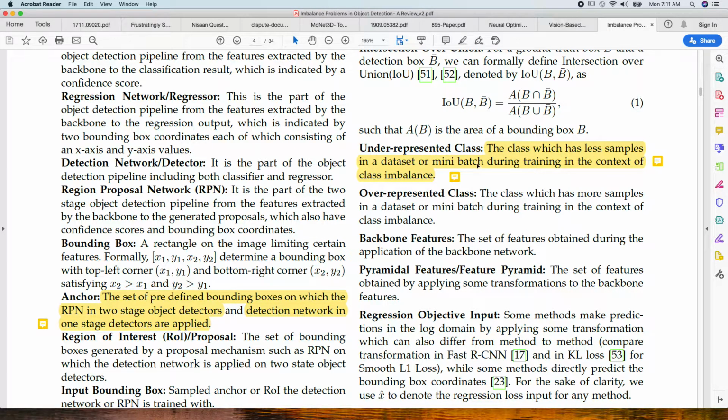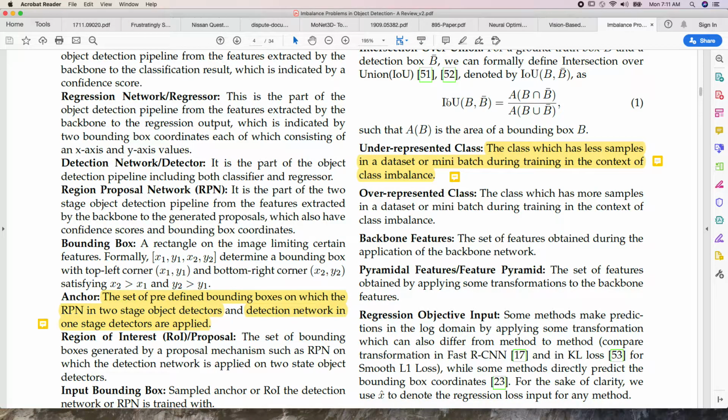But if we have 120 of class 1 and just 8 of class 0 in that mini batch, then that training iteration will be biased. So that's what this is trying to say. I hope that makes some sense.